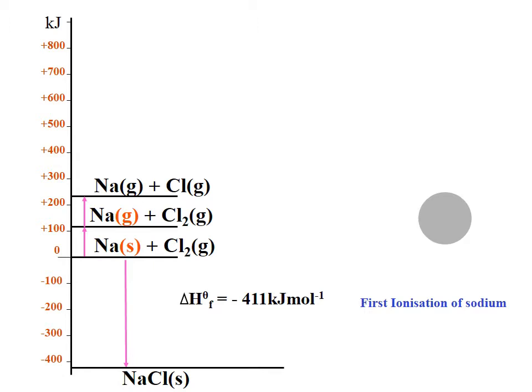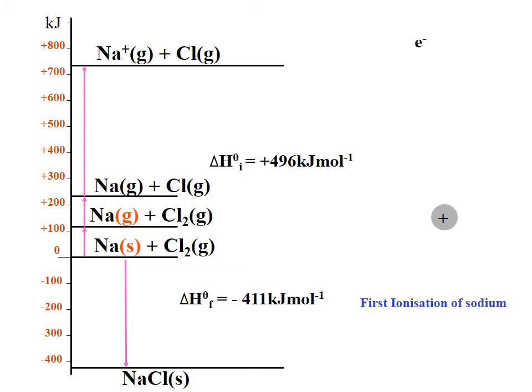Remember, ionization energy is the energy required to remove 1 mole of electrons to create a positive ion. So there goes the electron, and we create a sodium ion. This is called the delta H of ionization. Ionization is making an ion from a metal. That has a value of positive 496 kilojoules per mole.